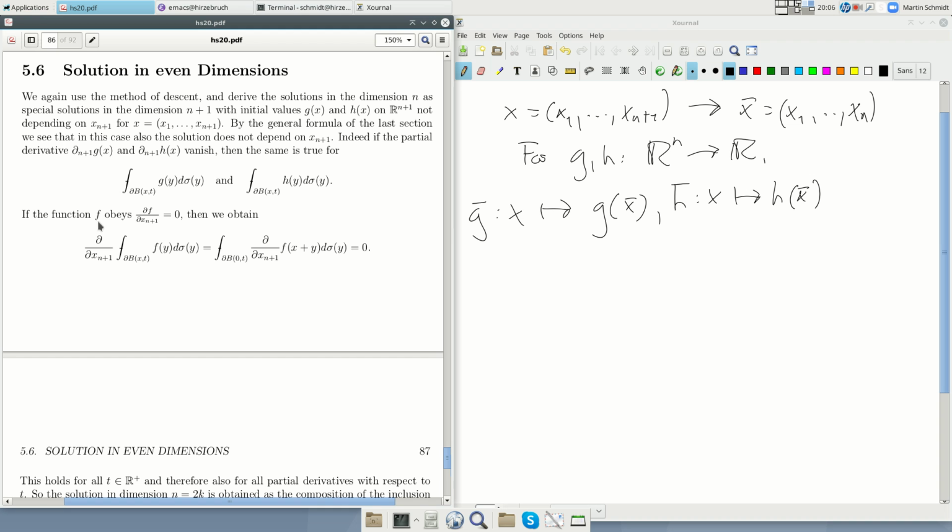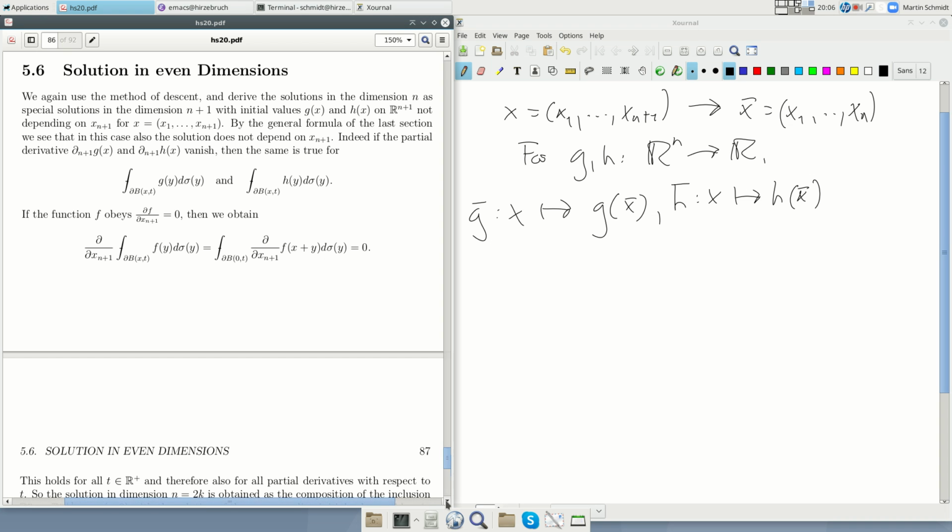If we have a function f which doesn't depend on the last coordinate, so that this partial derivative vanishes, then the same is true for the mean. Because if we calculate the mean over the spheres, we may write it in this form, put the integral in, and we see that this mean also doesn't depend on x_{n+1}.